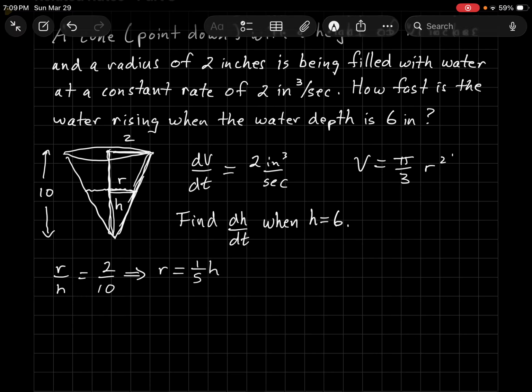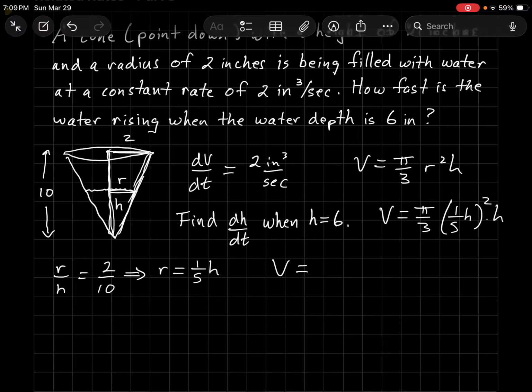So if the volume is pi over 3 r squared h, then I know that volume is pi over 3 times r squared, watch this, (1/5 h) squared times h. Because r is 1/5 h always in this problem.